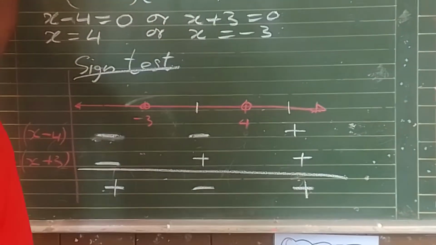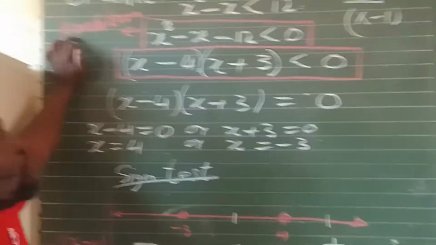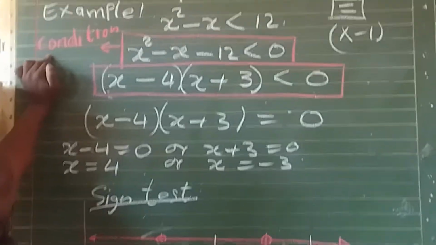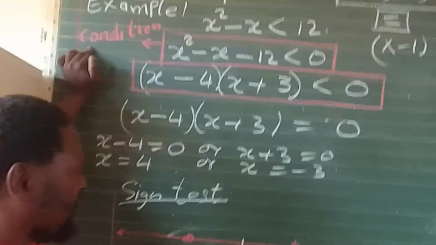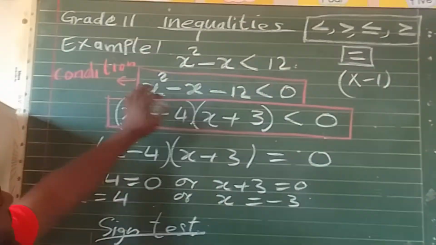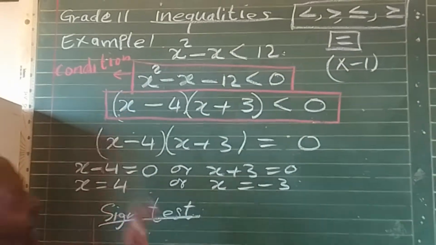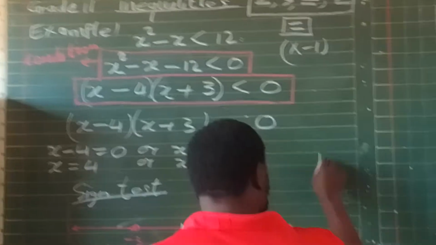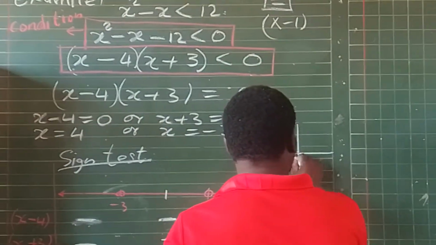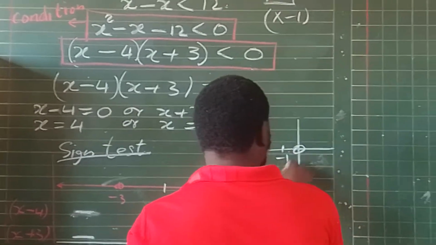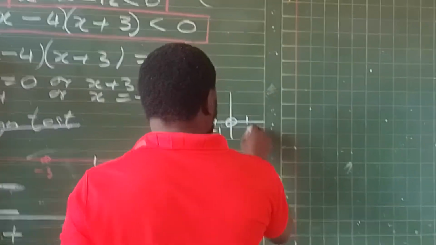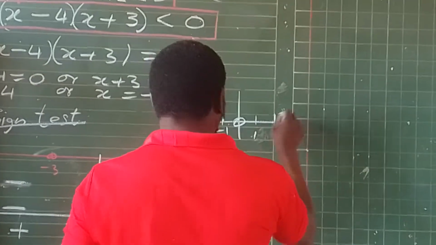This is the condition where I said this is going to help us to understand all the things that we have done. Now, they say everything must be less than 0. And if you check your number line, grade 11, here is your 0, here is your minus 1, here is your minus 2, here is your 1, here is your 2.